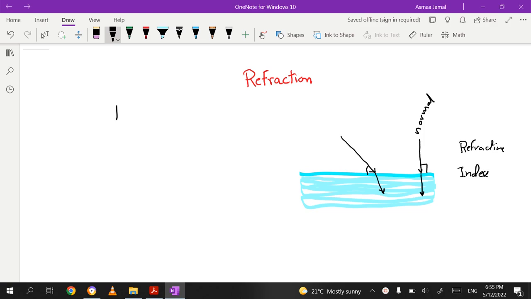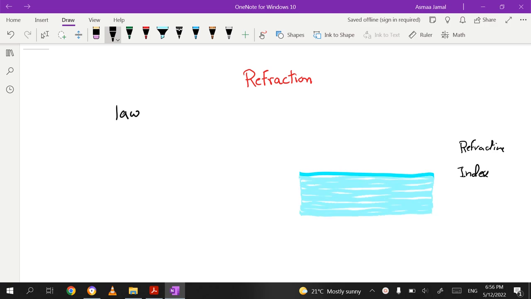We have different laws in refraction. Let's say we have two different media such as air and water. And here we have the normal, which means assuming the incident light is perpendicular to this surface, there will be no refraction.